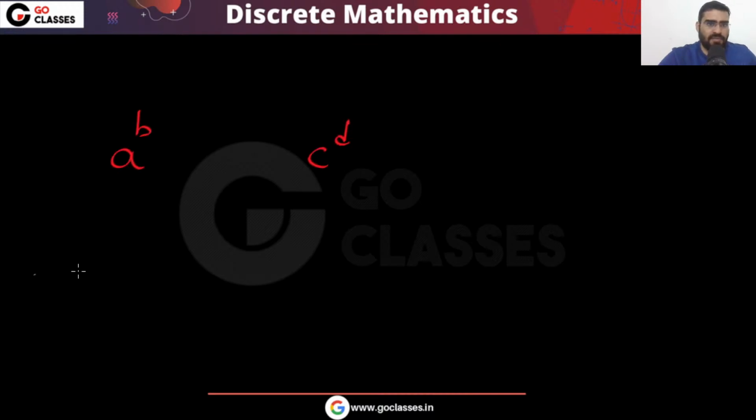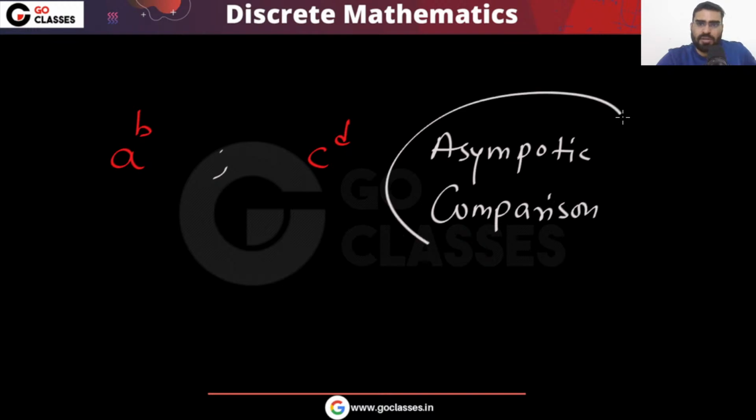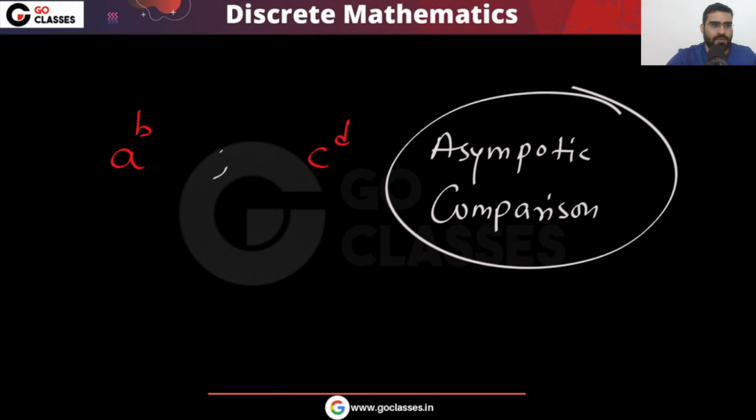Whenever you want to do this asymptotic comparison, you can use a property of logarithm.